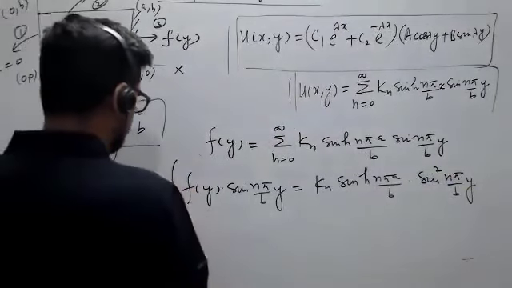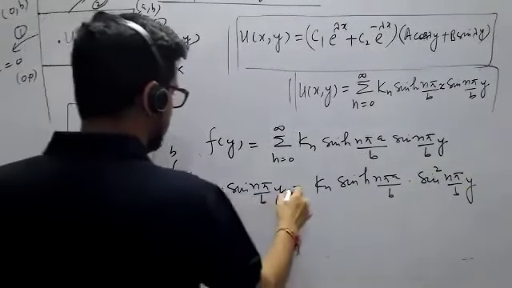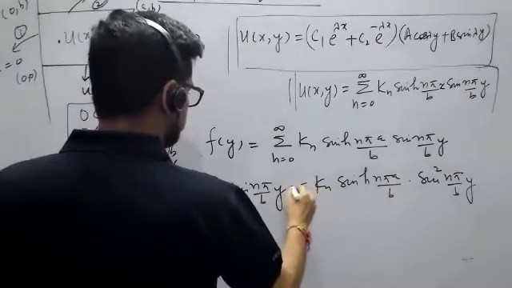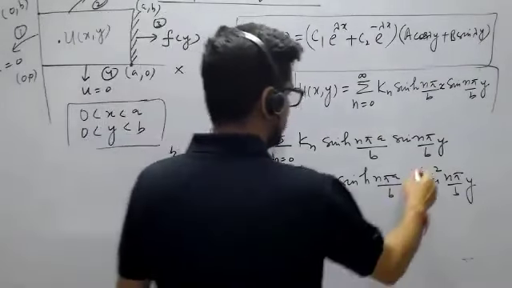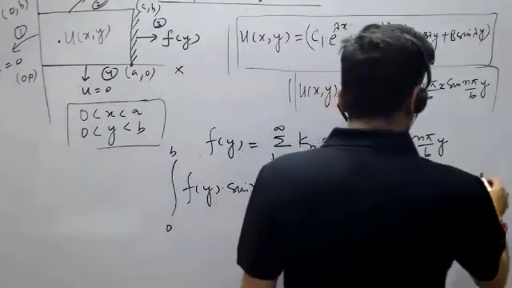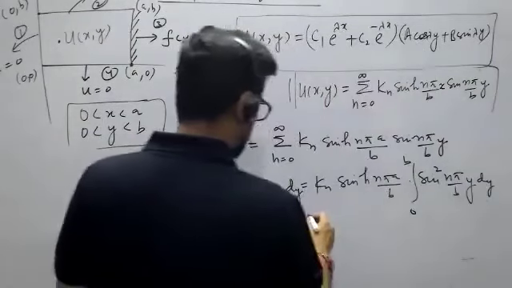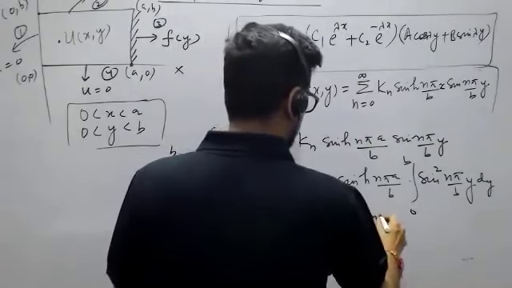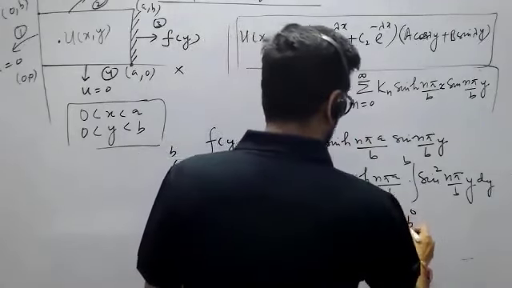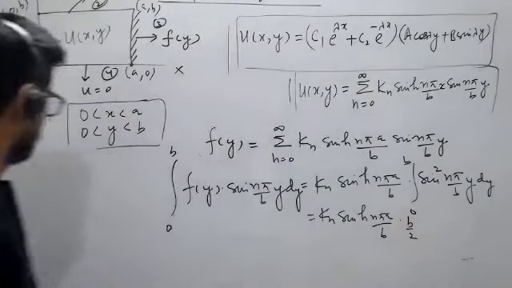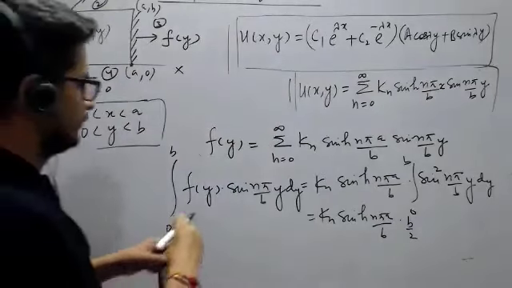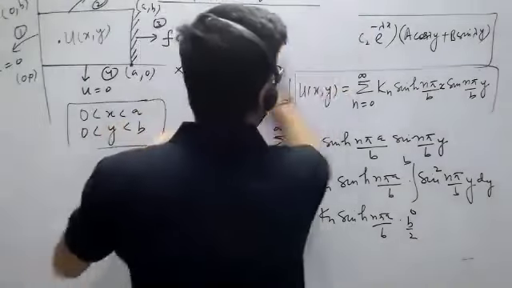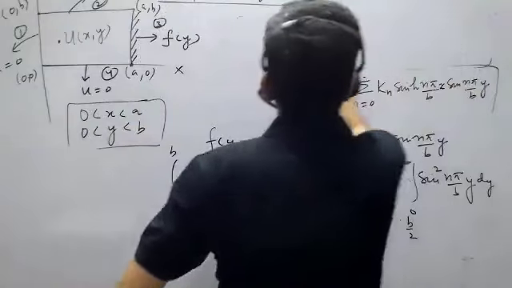So this will give you 0 to b and dy, and this will also give you 0 to b and dy. So this will become upper limit by 2, so it will become Kn sine hyperbolic n pi a by b into b by 2. So what will be the final value of this?